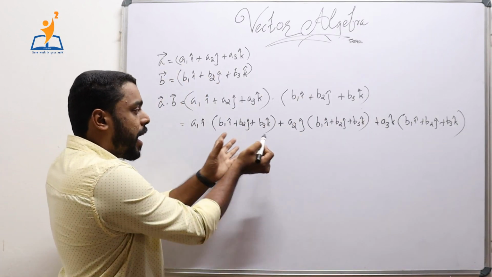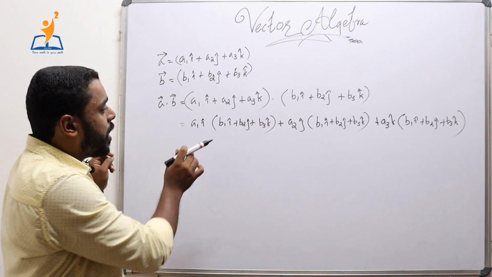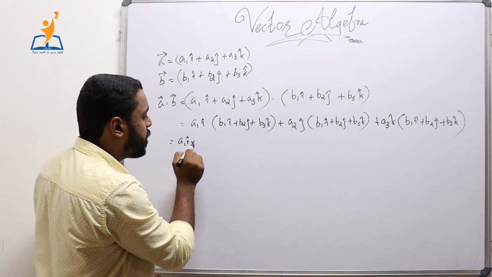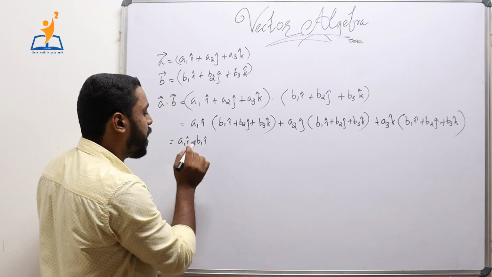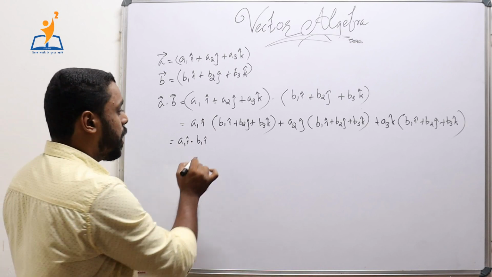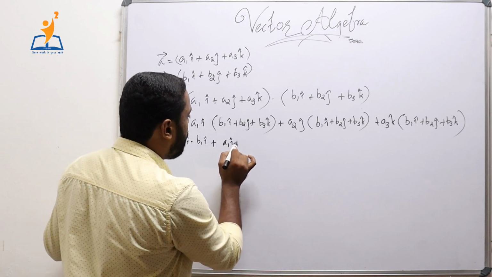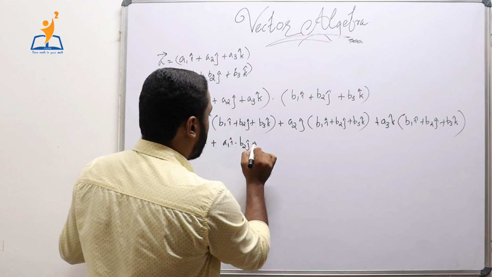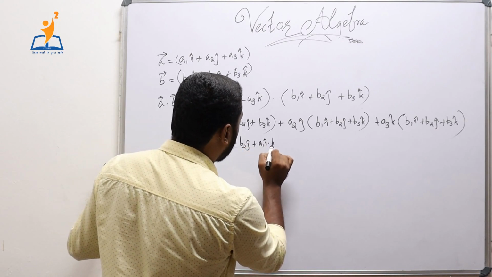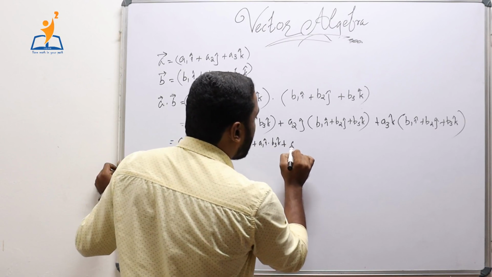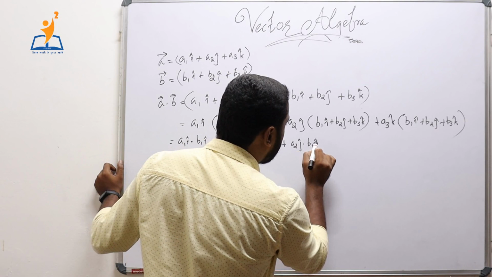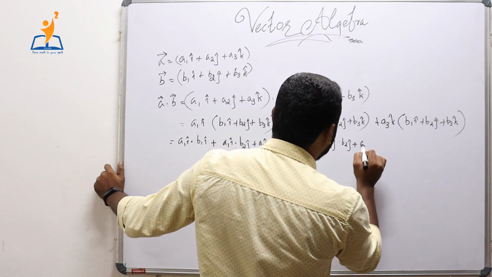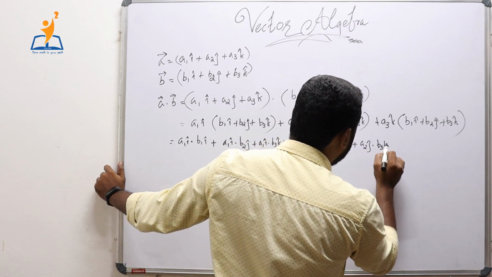Now again I can open this bracket by multiplying each with each. Then a1 i cap dot b1 i cap, here we are finding the dot product, plus a1 i cap dot b2 j cap, plus a1 i cap dot b3 k cap, plus a2 j cap dot b1 i cap, plus a2 j cap dot b2 j cap, plus a2 j cap dot b3 k cap.